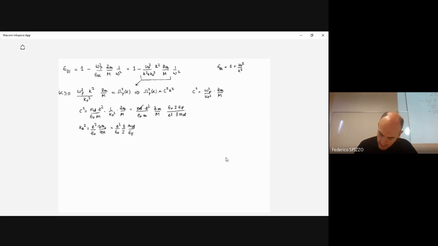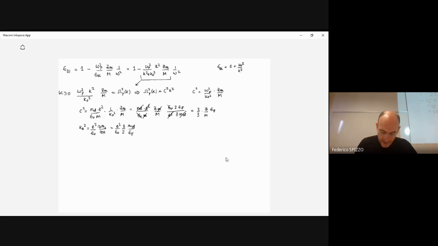We may simplify this term and this term, this term and this term, this term and this term. Then we may also simplify e0 and e0. So what is left here is 2 divided by 3 times Z divided by the ionic mass, and then we have the Fermi energy.